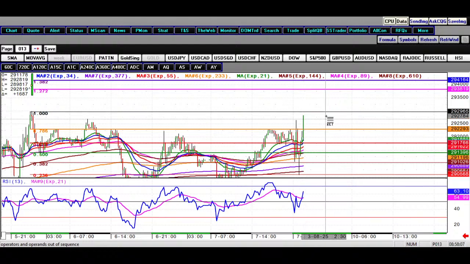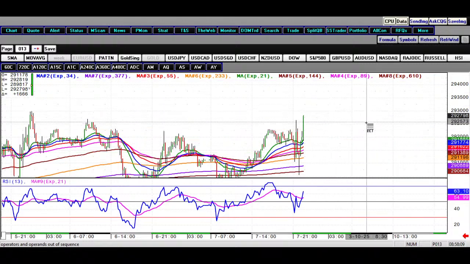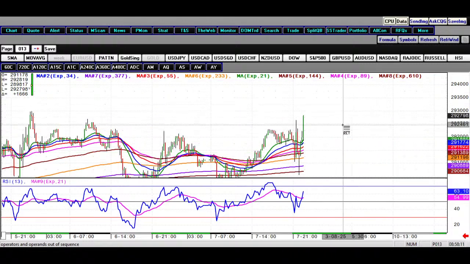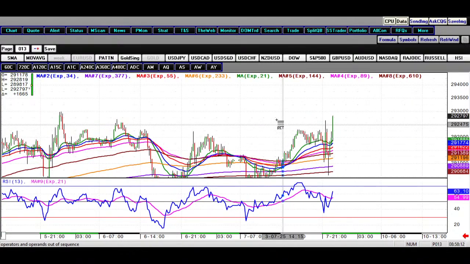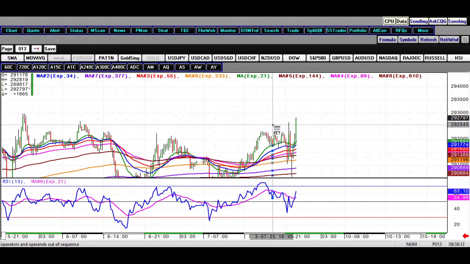Either we may get the price coming down from here, or we may get the price breaking this level. Either way is possible. So we will wait for 2 more minutes, then we decide how to go about this trade.